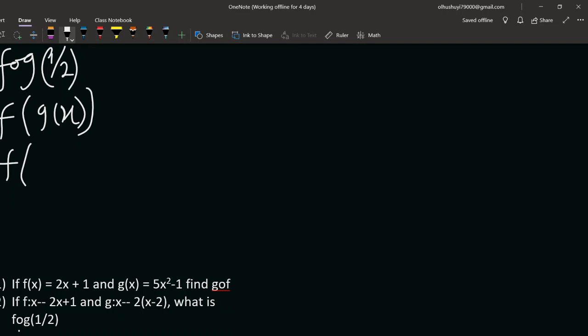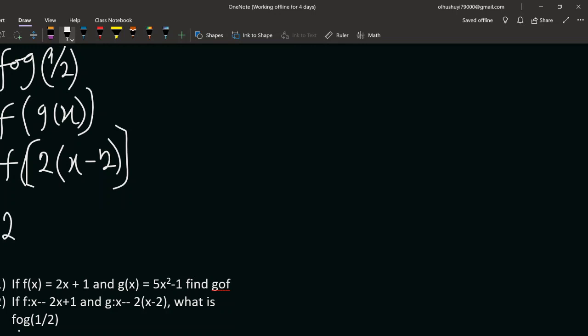What is g of x? 2 open bracket x minus 2. So you find this. So what do we have here? Wherever you see your x, you substitute that into that. So you have f. You are going to be having 2.